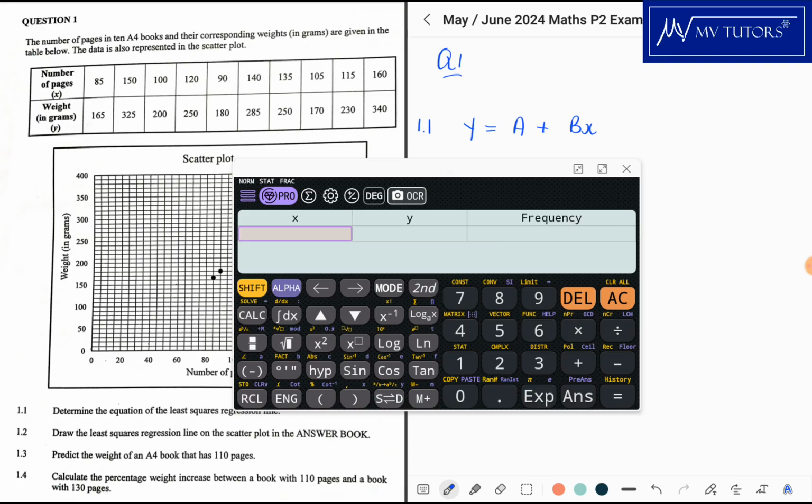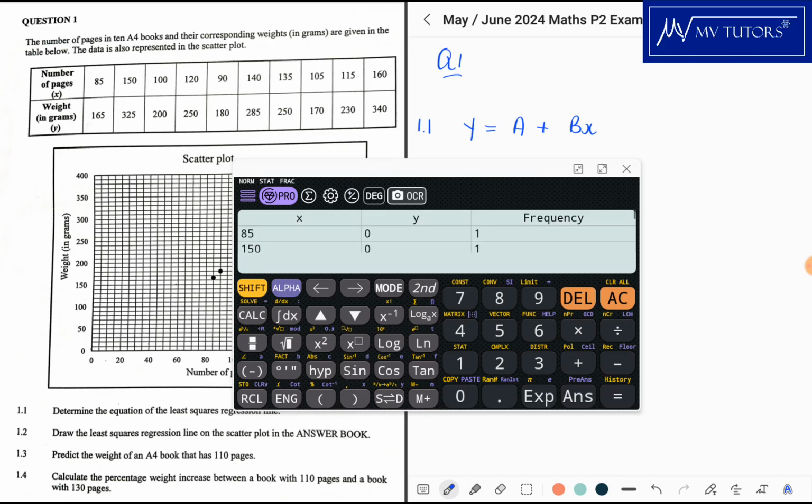Okay, so for x, we have 85, and then 150, 100, 120, 90, 140, 135, 105, 115, 160.